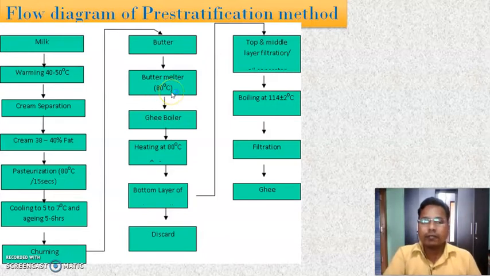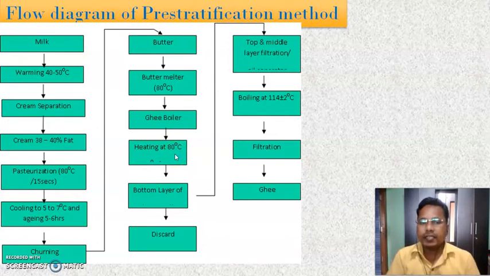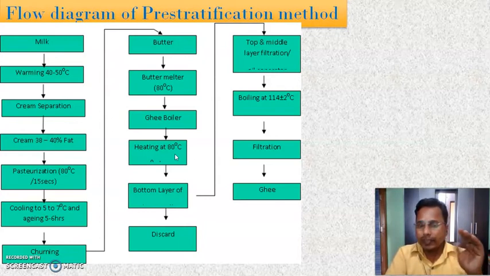After this butter is melted, it is transferred to a ghee boiler, where this butter is allowed to boil. And after the boiling of this butter, it is kept at 80 degrees Celsius for 15 to 30 minutes.